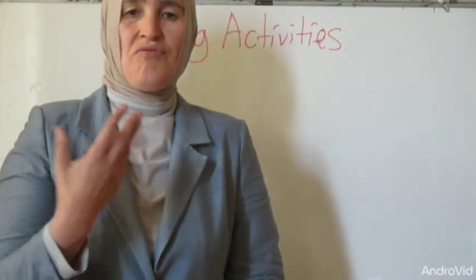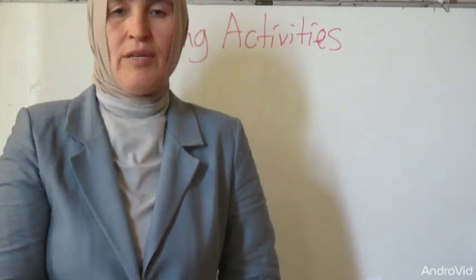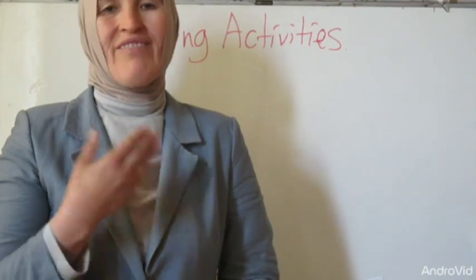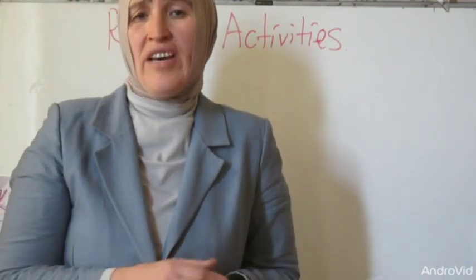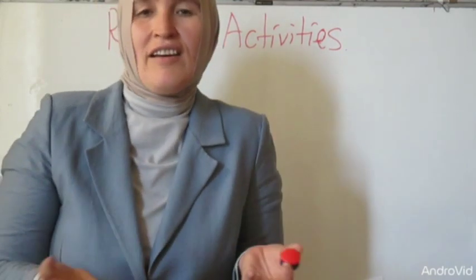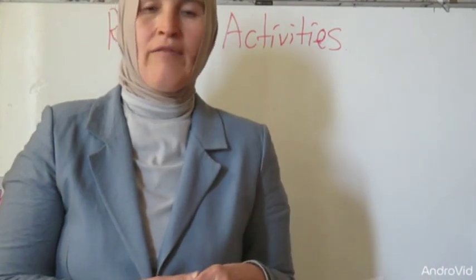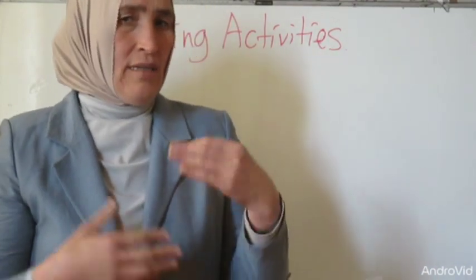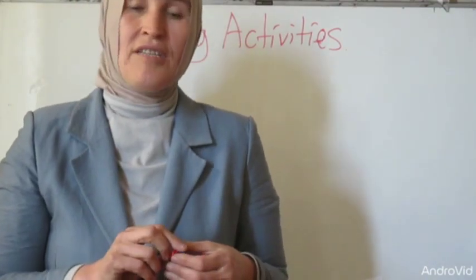We can check our prediction. Prediction can be used as a pre-activity, but while reading, you can ask your learners, please check your prediction, were we correct or not? They can do this kind of while activity, or skimming for the main idea.